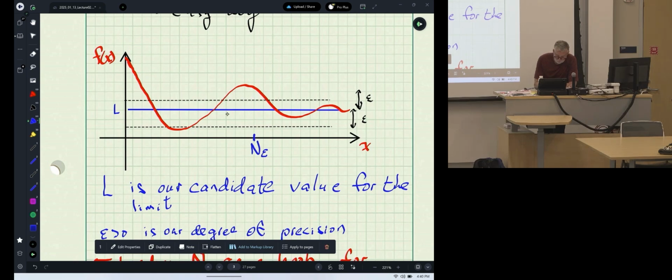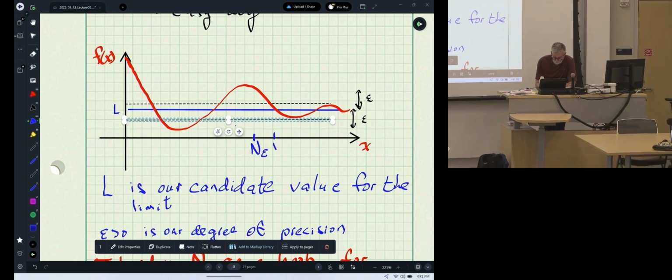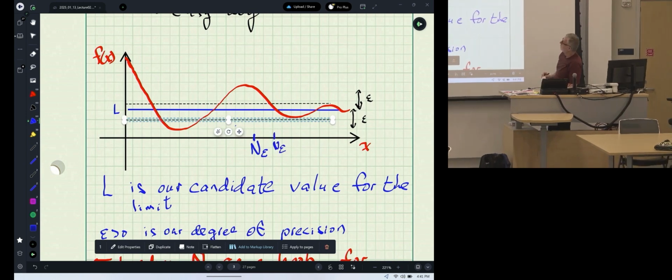If I were to move the level of precision, and you should do it symmetrically, then I'd have to move n. Okay?